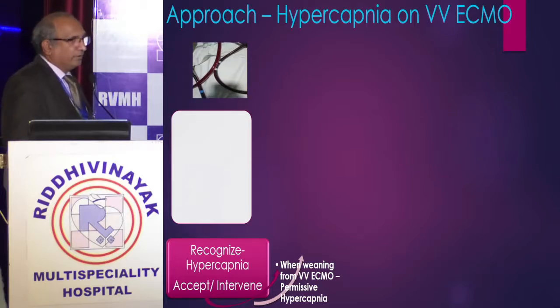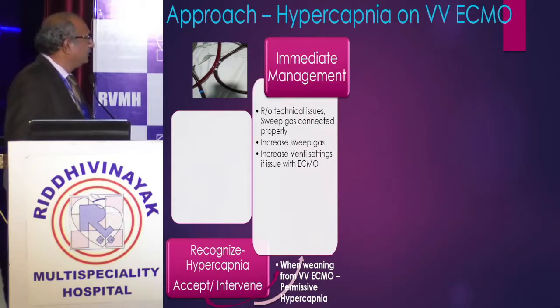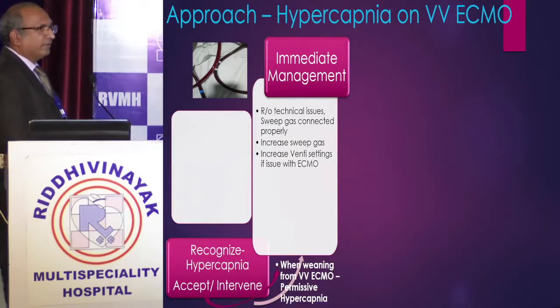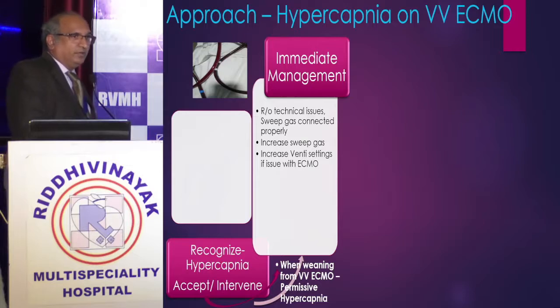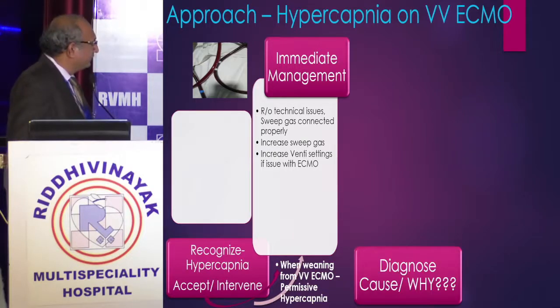Again, look at the tube color, that is most important. Immediate measurement, rule out technical issues, whether the sweep gas is connected properly or not. Increase the sweep gas if your PCO2 is high during the ECMO run. If it is not high, if it is the weaning type, you might just ignore it. And if there is an issue with the ventilator, definitely you have to increase ventilator settings.